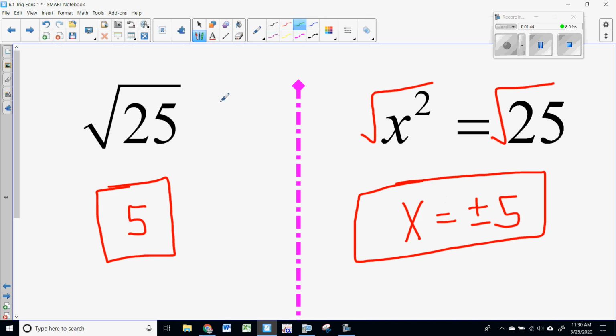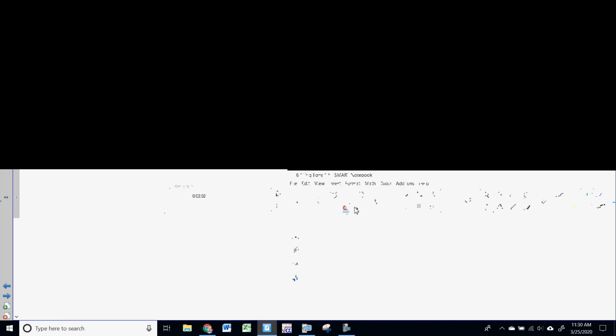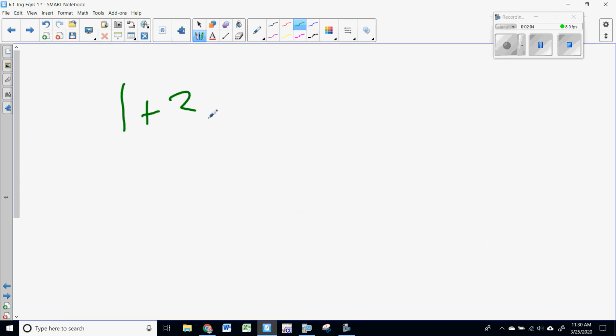When you first learned square roots way back in middle school or elementary school, this was known as the principal square root, and it was only the positive. But the important thing to understand is that if you have an expression, it can only equal a certain number. You couldn't have something like 1 plus 3 and say, well, that equals 4, or it could equal 5. That can't work that way for an expression.